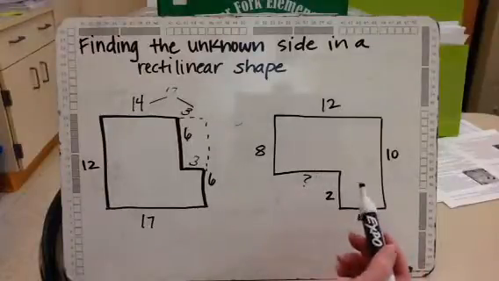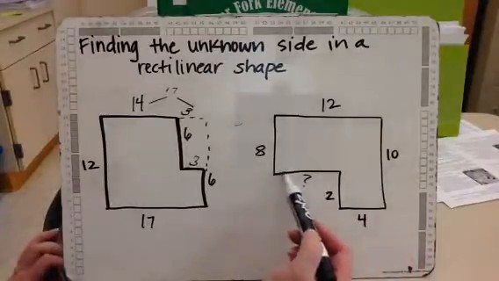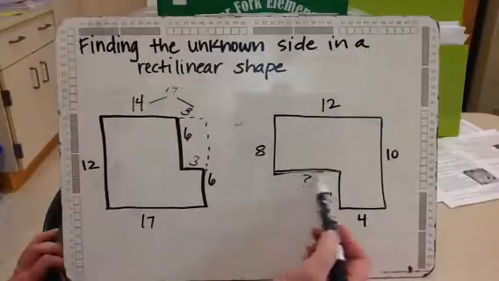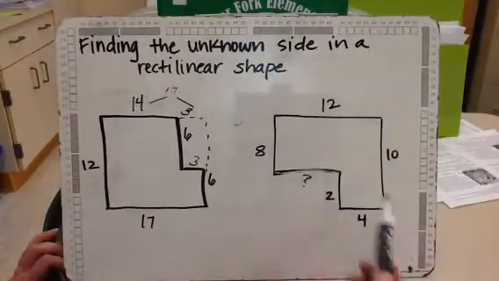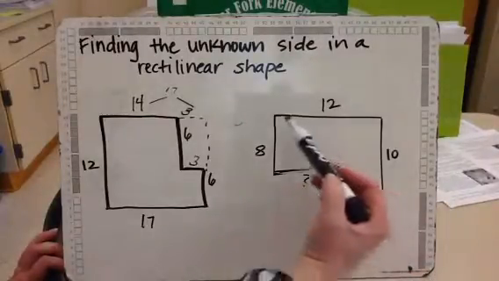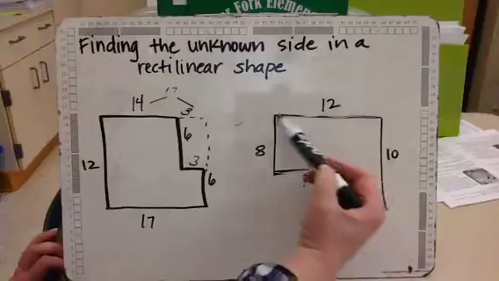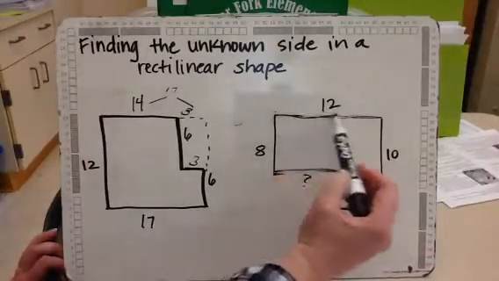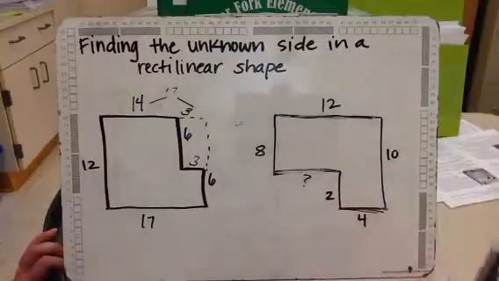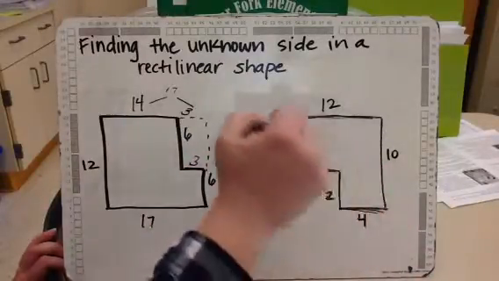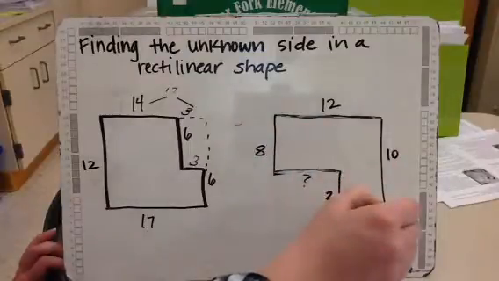Some third graders think about it this way. If I'm trying to find this horizontal piece, I know that this horizontal piece plus this horizontal piece is going to be equal to the whole big horizontal. So the two small horizontals are going to equal the big horizontal, just like these two vertical pieces equal this one. 8 and 2 is 10.